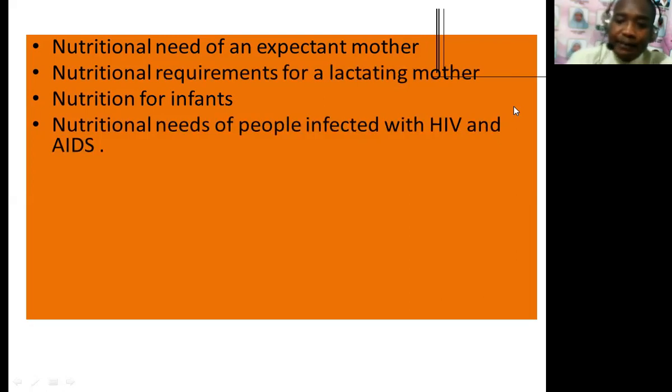How to help them regain appetite? How do you help people infected with HIV/AIDS to regain appetite, to have that ability of eating? 1, use chilies and vinegar. 2, use of ginger and coriander.